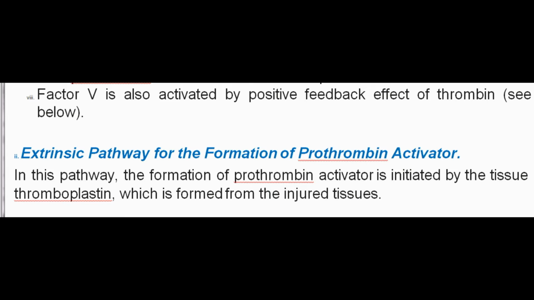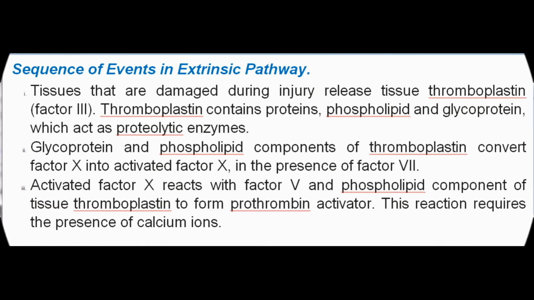Extrinsic pathway for the formation of prothrombin activator. In this pathway, the formation of prothrombin activator is initiated by the tissue thromboplastin, which is formed from the injured tissues. Sequence of events in extrinsic pathway. Tissues that are damaged during injury release tissue thromboplastin, Factor 3.